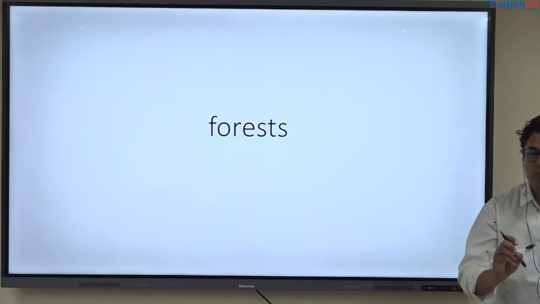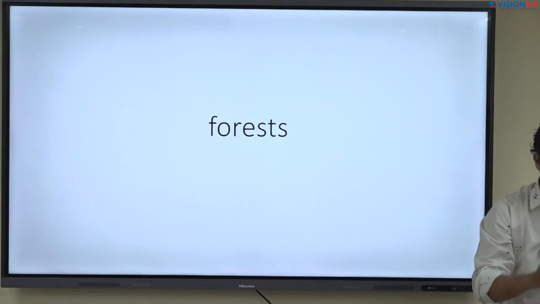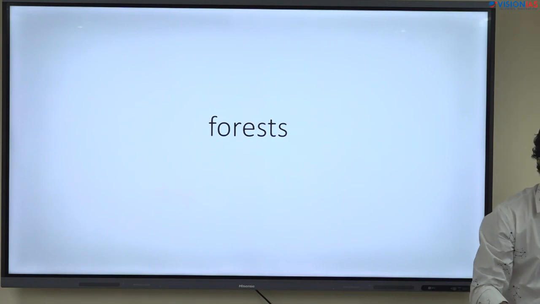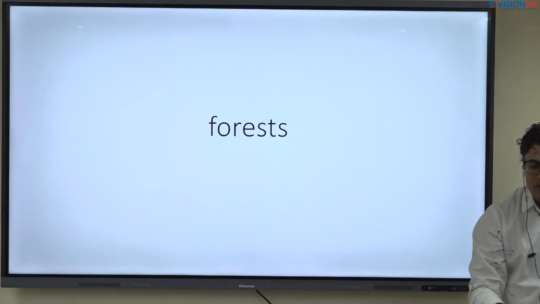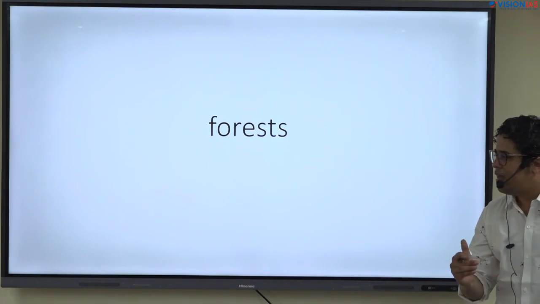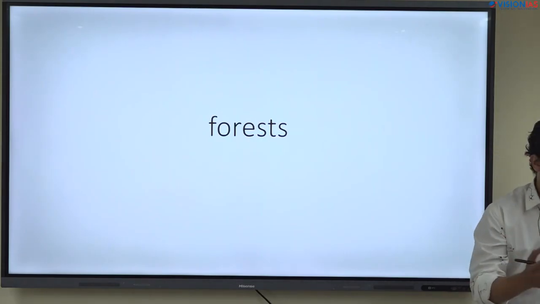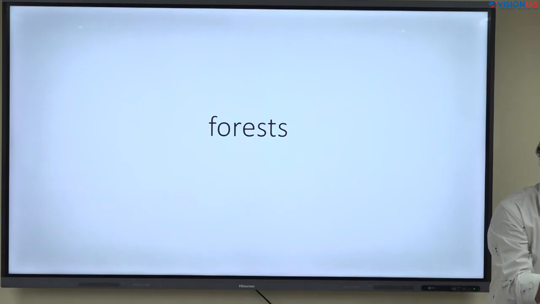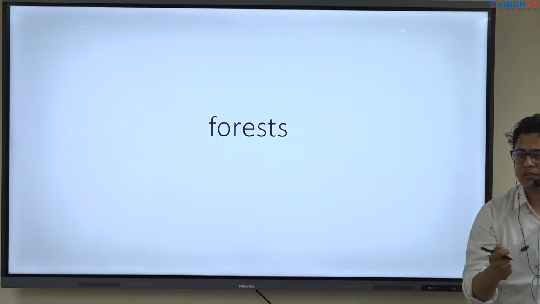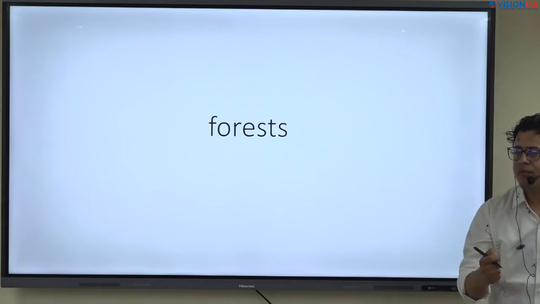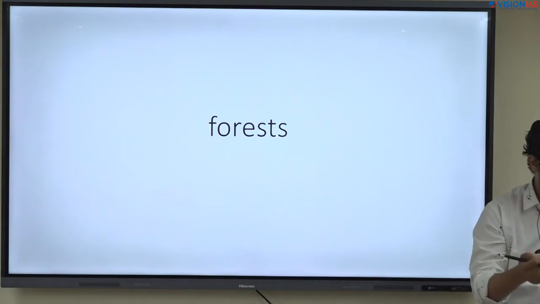Initially, two paragraphs of this topic, what is given? When you start this topic, it tells you that forest types depend on the amount of rainfall. If heavy rainfall occurs, you will find rainforest. If low rainfall occurs, you will find dry forest.